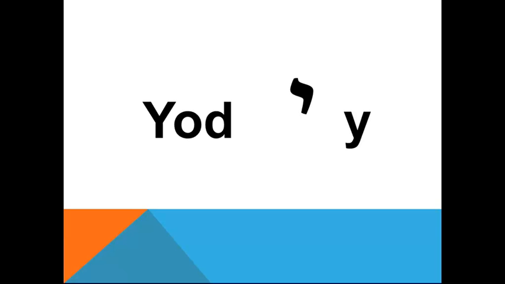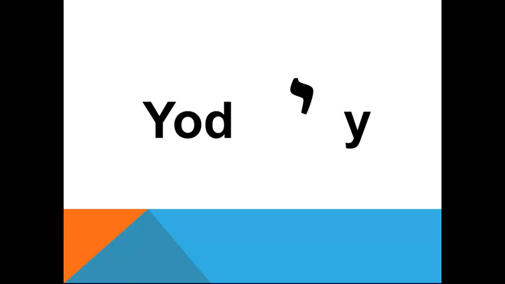But the reason the Germans started with the J is because in German the J is pronounced like a Y. That's not really important for English speakers to know, but this is the yod, the Y, and it is kind of like an apostrophe in Hebrew, and it transliterates as a Y and is pronounced like a Y. So the letters we have so far are Aleph, Beit, Gimel, Dalet, Hey, Vav, Zayin, Chet, Tet, Yod.